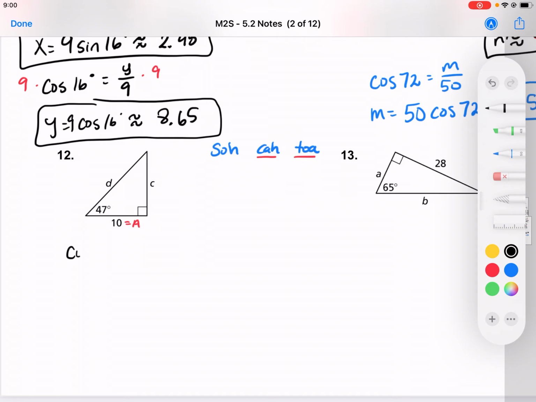So let's do cosine. So cosine of 47 degrees is equal to our adjacent, so 10 over the hypotenuse, which is d. Since d is in the bottom, remember that's where you switch them out, so it's 10 over cosine of 47, and then we just type that in. So you get 14.66.